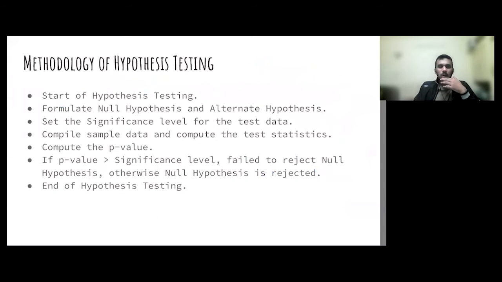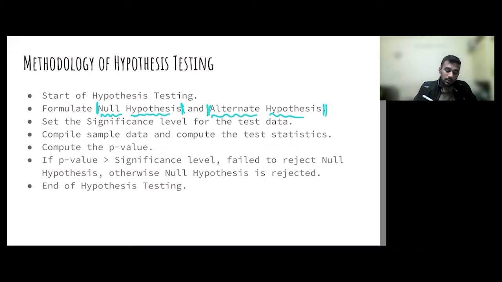Okay, now let's delve into what exactly is the methodology of hypothesis testing. We'll go step by step. At the start of hypothesis testing, we have to formulate a null hypothesis and an alternate hypothesis. The null hypothesis is a conservative or ab initio idea that we may have to dispute, may have to disprove.